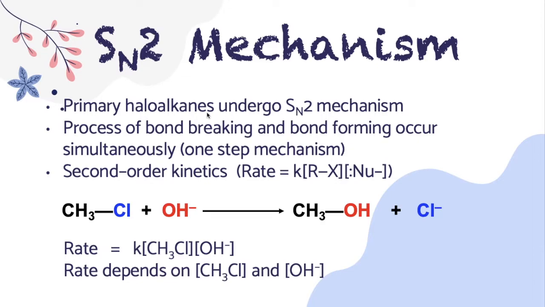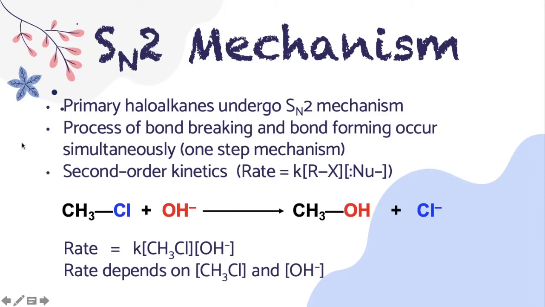In the SN2 mechanism, bond breaking and bond forming occur simultaneously. It's a one-step mechanism where bond breaking and bond forming occur simultaneously, meaning break the bond and form the bond at the same time.